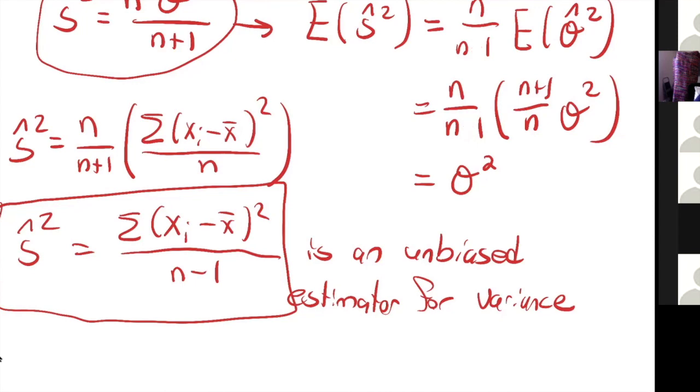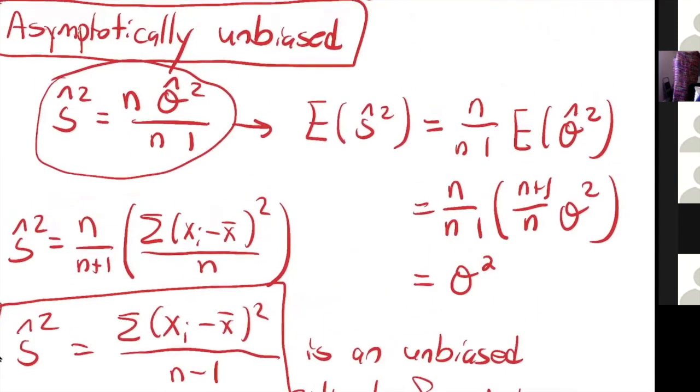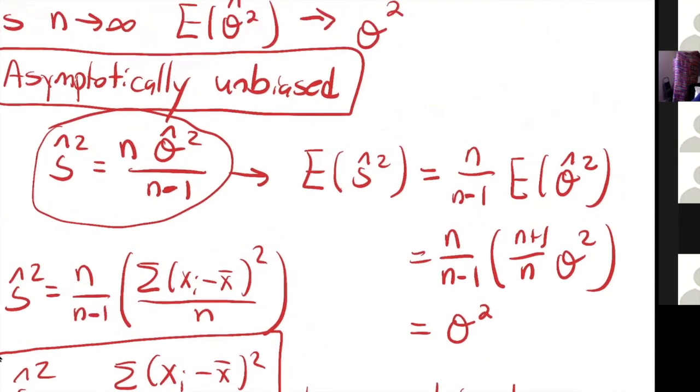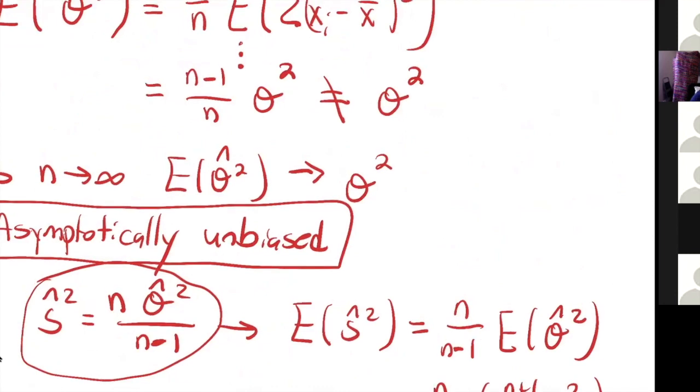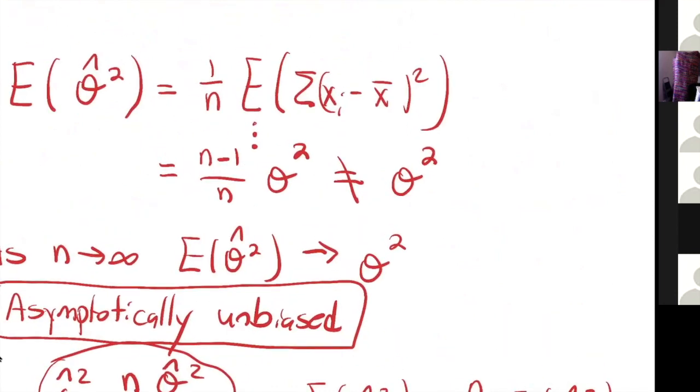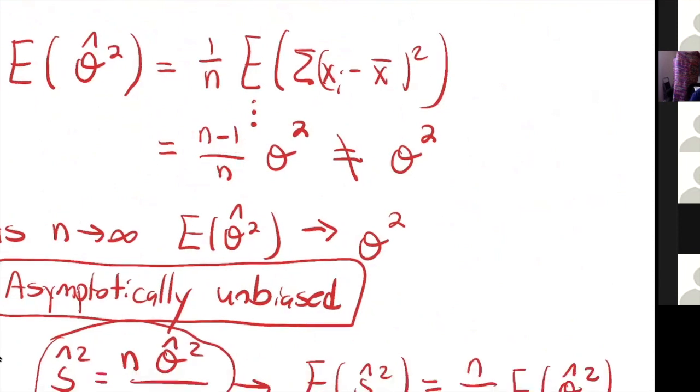I'm realizing these were all minuses. So sorry, when we calculate this expected value, we get n minus 1 over n. And again, the details of that are in the book.